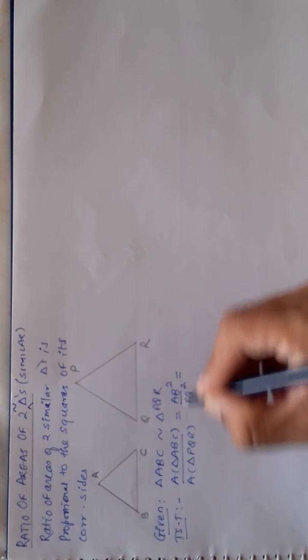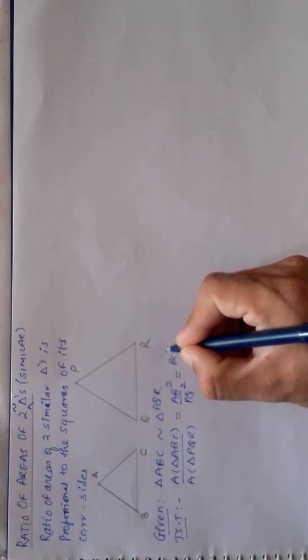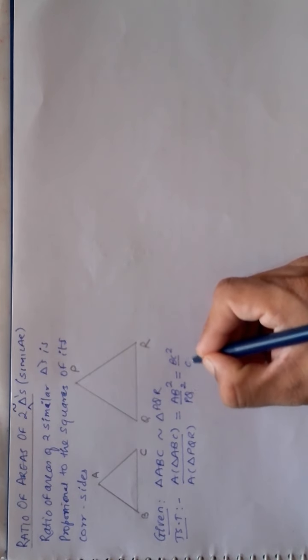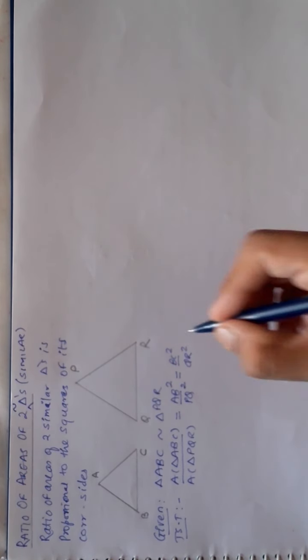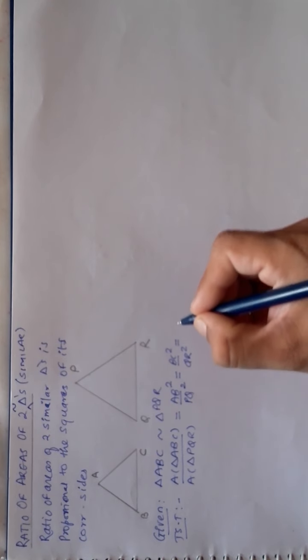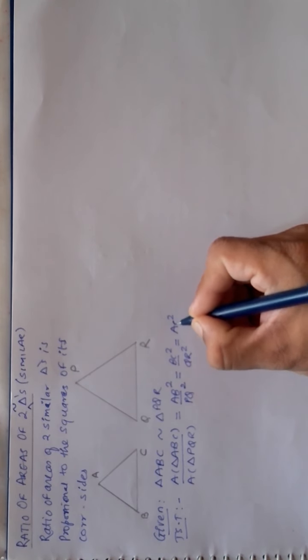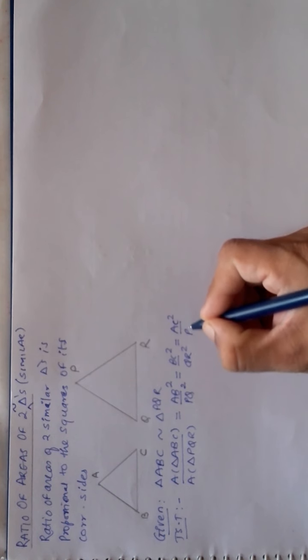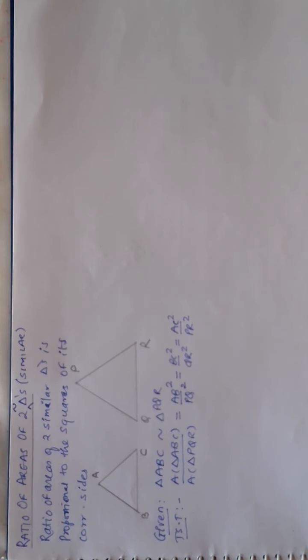It can be second-third BC square is to QR square, or it can be equal to first-third is to first-third. Agreed? So if two triangles are similar, then I must get this particular relation.